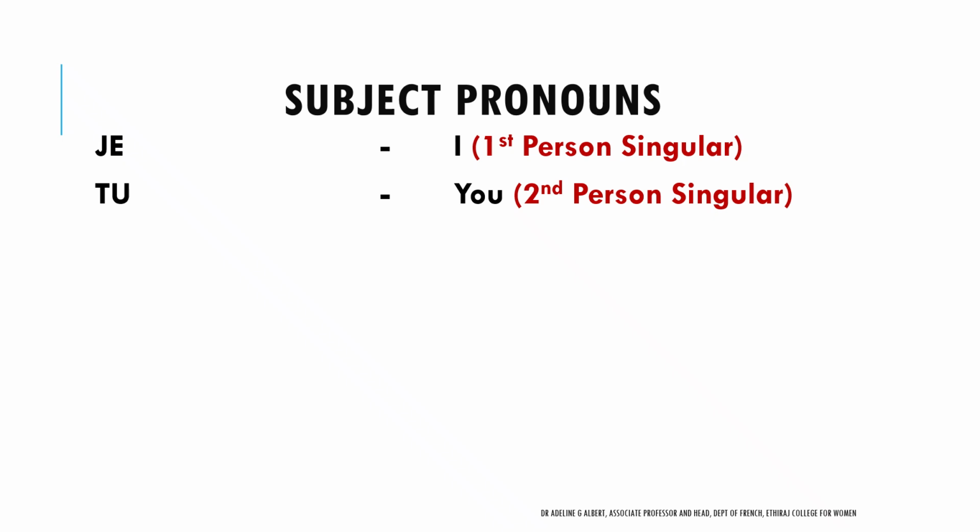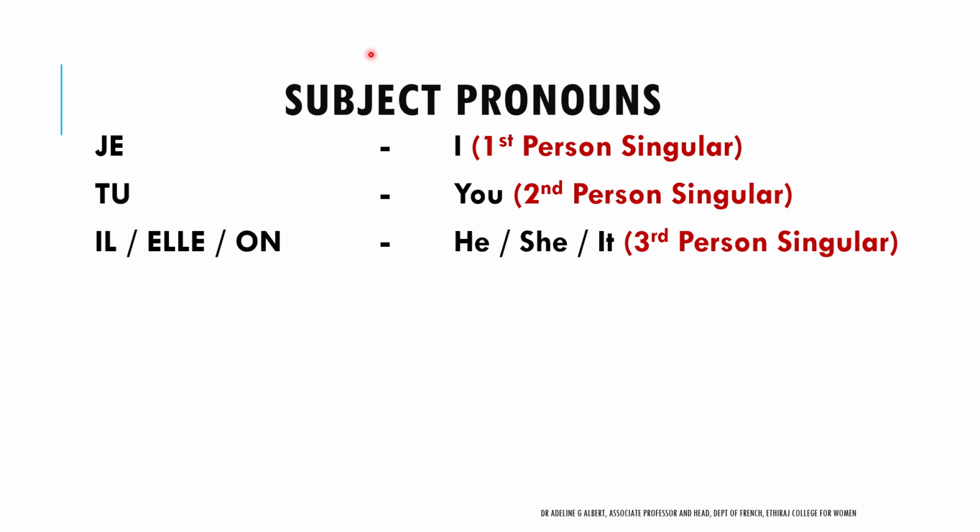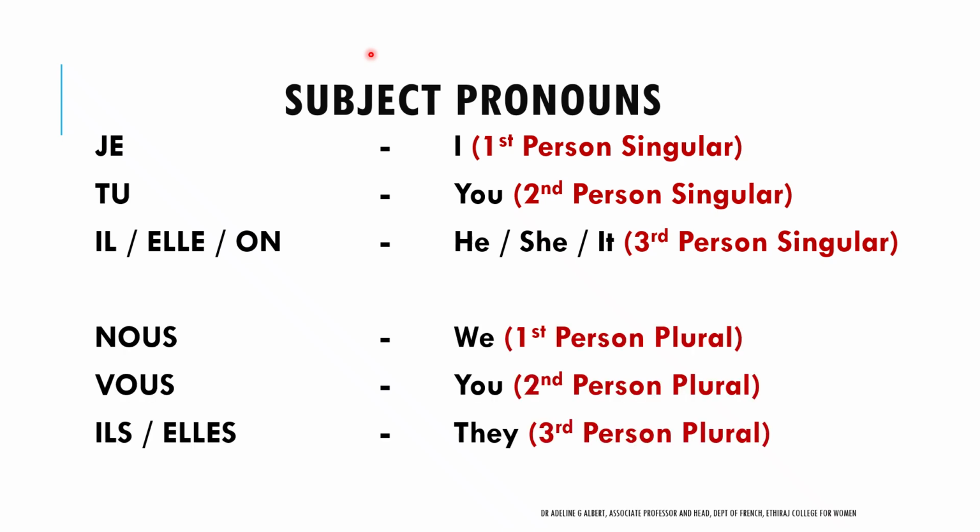Je, tu, il, elle, on, nous, vous, ils, elles. Remember, the S is mostly silent. Slowly you'll find out when to pronounce it, but mostly if S comes at the end of a word in French, it is silent.